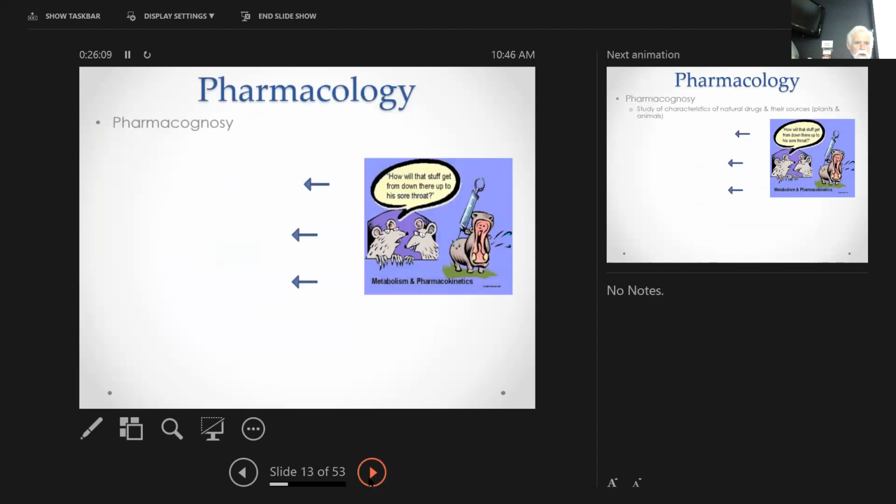Pharmacognosy is natural products, the study of plant, animal, and mineral sources. So the characteristics of those drugs can be complicated. Digoxin regulates the heart. In higher doses, digoxin actually will stop the heart. So we need to understand that natural drugs are very real.